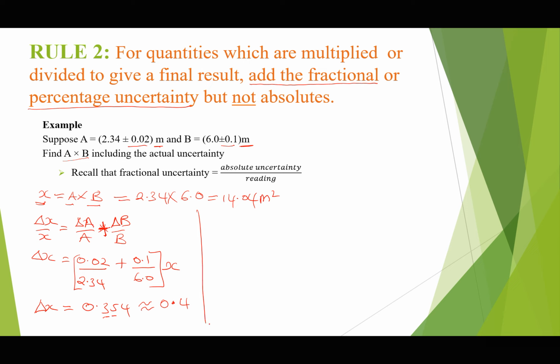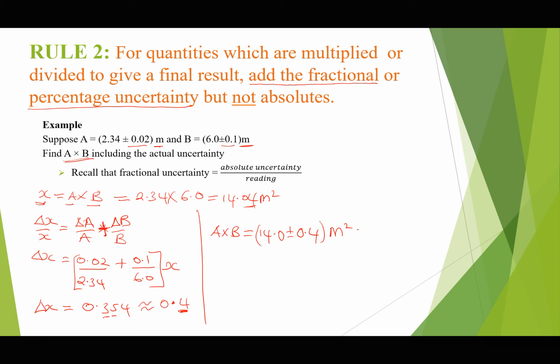That means if I am expected to write the final answer of the result of a times b, or x, since the uncertainty is to one decimal place, I'll write this to one decimal place. So this will be 14.0 plus or minus 0.4, of course, in meters squared.